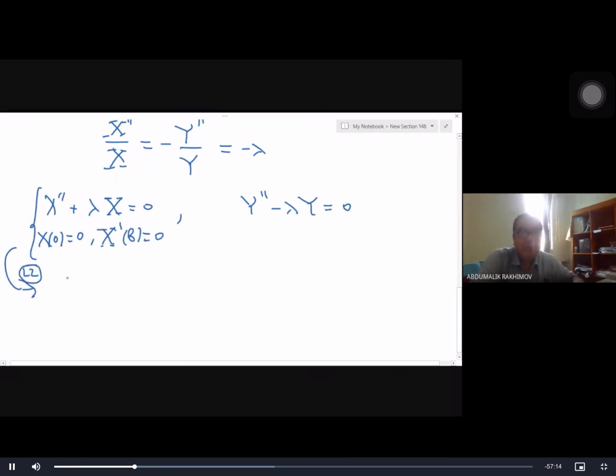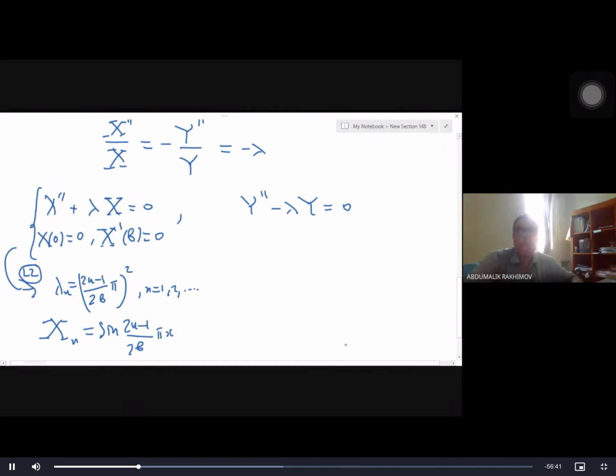So lambda n will be equal to (2n minus 1) over 2b pi, squared, where n is equal to 1, 2, 3, etc. And the functions X_n will be sine of (2n minus 1) over 2b pi x.